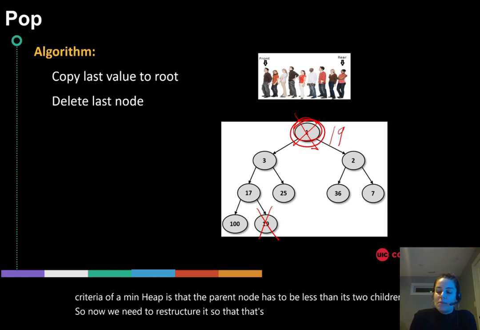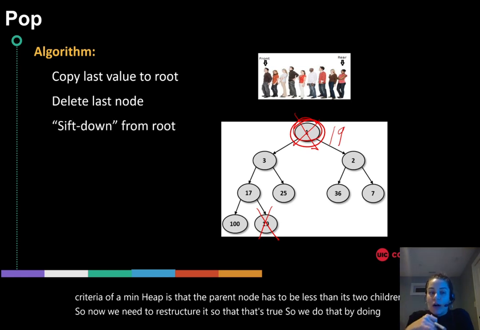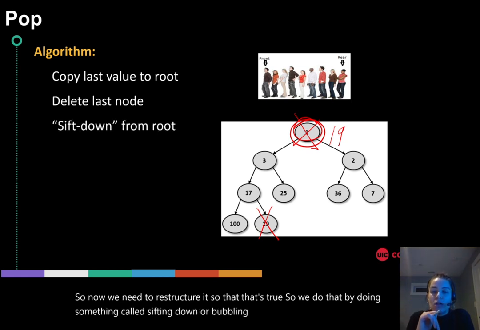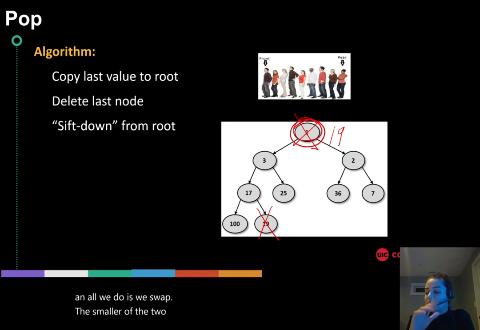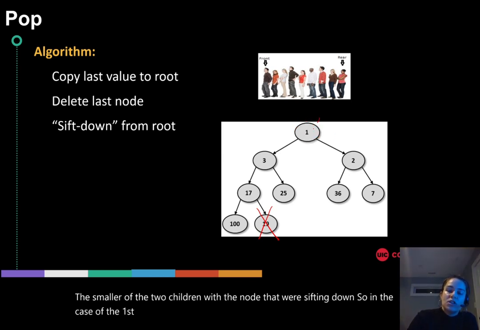So we do that by doing something called sifting down or bubbling down. They're both used from the root. And all we do is we swap the smaller of the two children with the node that we're sifting down. So in the case of the first sift, we are going to just switch 2 and 19.